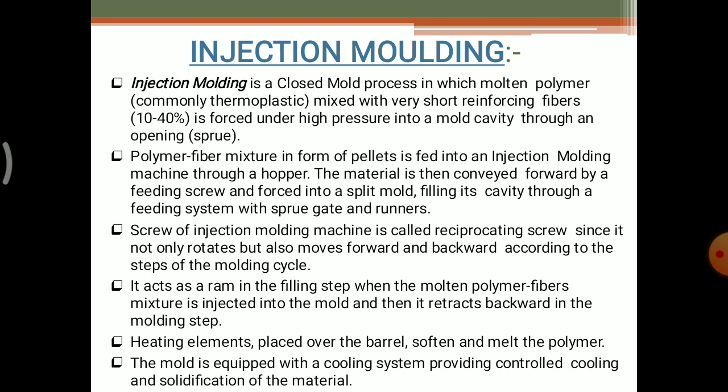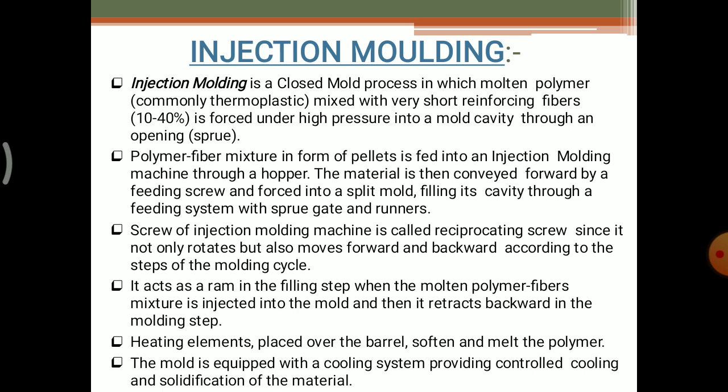Next, the polymer fiber mixture in the form of pellets is fed into the injection molding machine through a hopper. The hopper is an opening-type chamber, and the material is then conveyed forward by a feeding screw and forced into a split mold. Split mold means there are two sections, the upper die and the lower die.